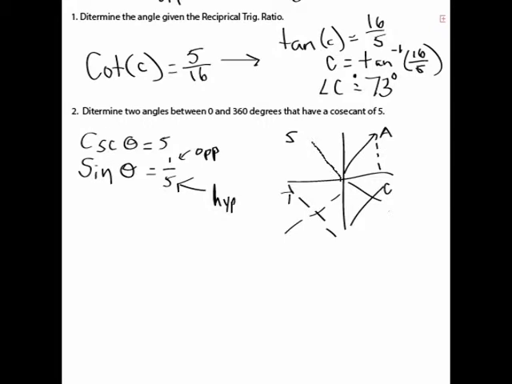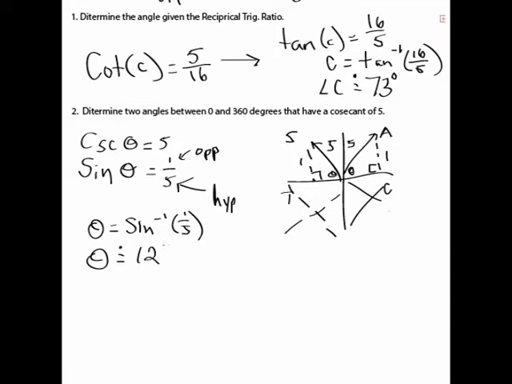We can now draw the triangles as we know the opposite and hypotenuse sides. Now we can begin to calculate theta. Theta will be equal to the inverse sine of 1 over 5. Theta is equal to approximately 12 degrees. Note, however, that this is only one of theta's possible measurements.